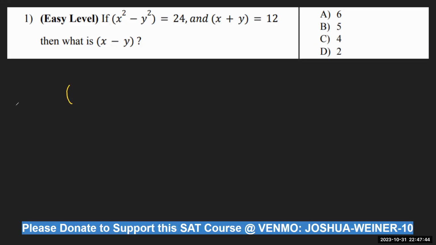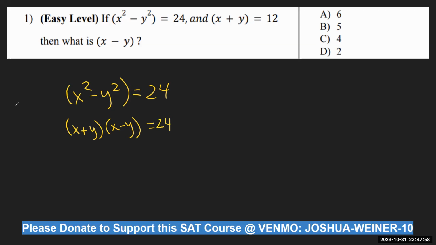Well, this is easy level if you know your factor patterns from previous studies. We can take the difference of 2 squares and rewrite it as x plus y times x minus y, which also equals 24. Then we're given that x plus y is equivalent to 12, so we can put that in for the first factor: 12 times x minus y equals 24.